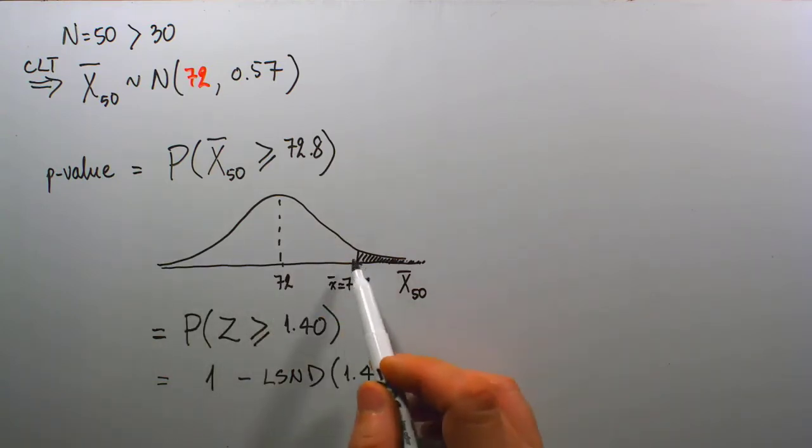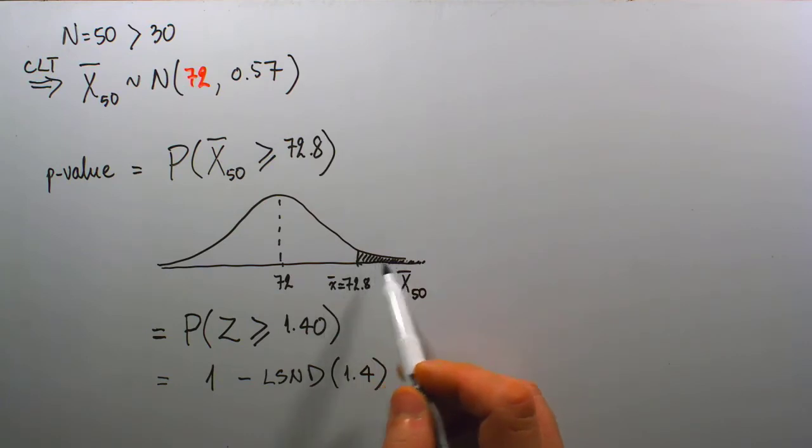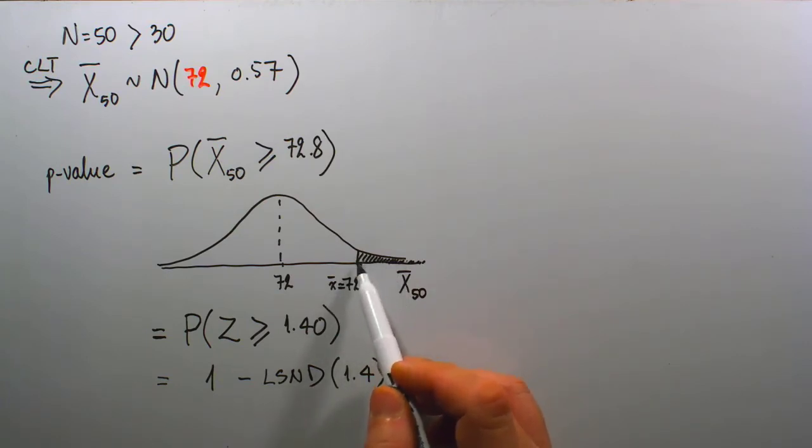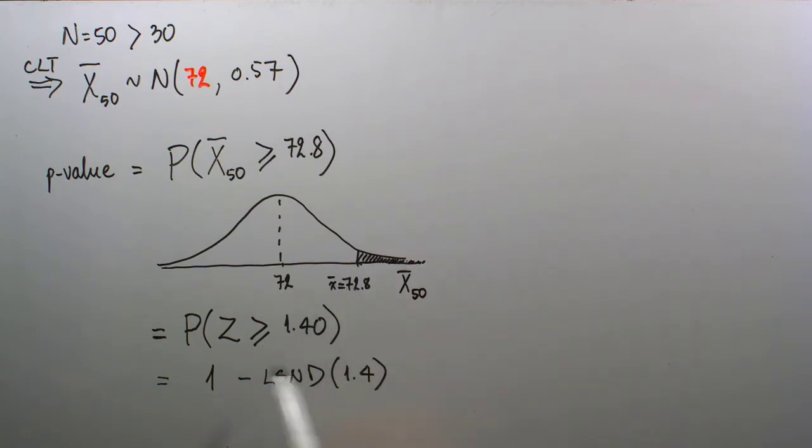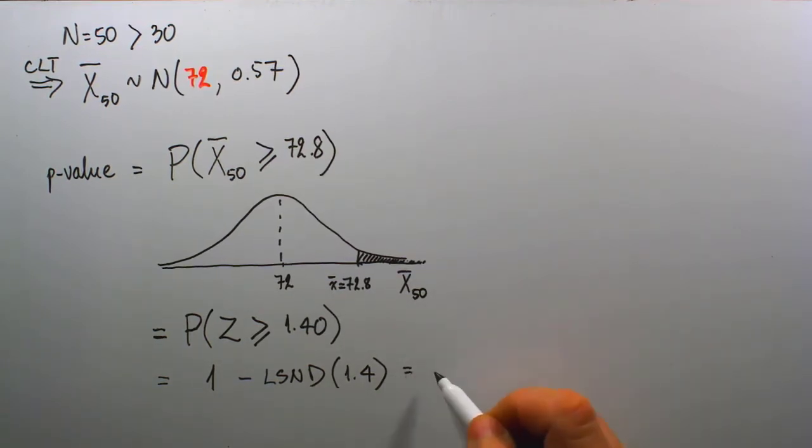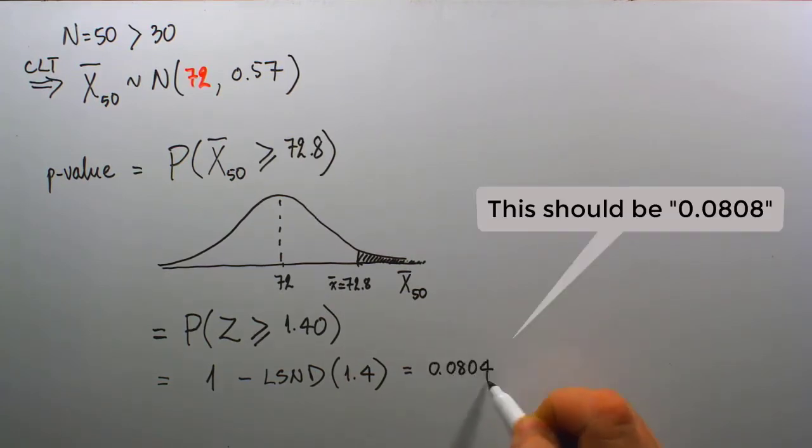But the area that we're looking for here on this bell curve is the area shaded to the right hand side of our sample value. And so we must subtract the LSND answer from 1. So our final calculation came out, in 4 decimal places, to 0.0808.